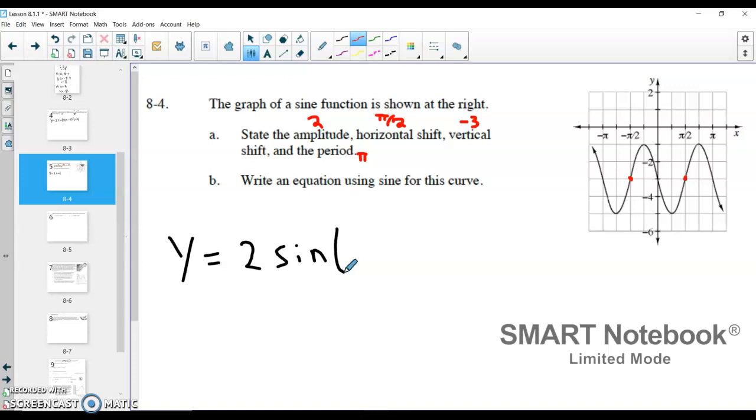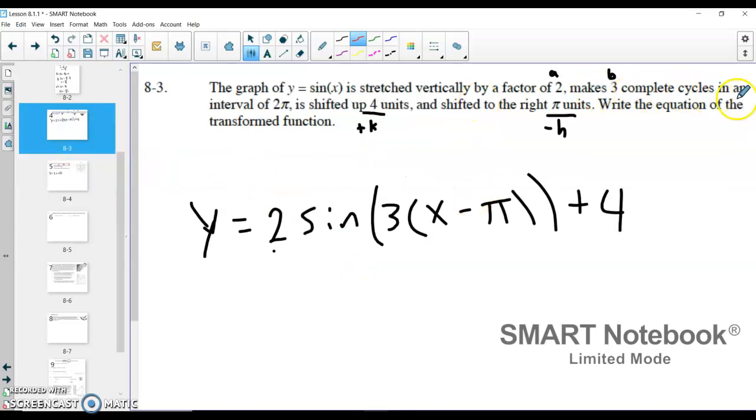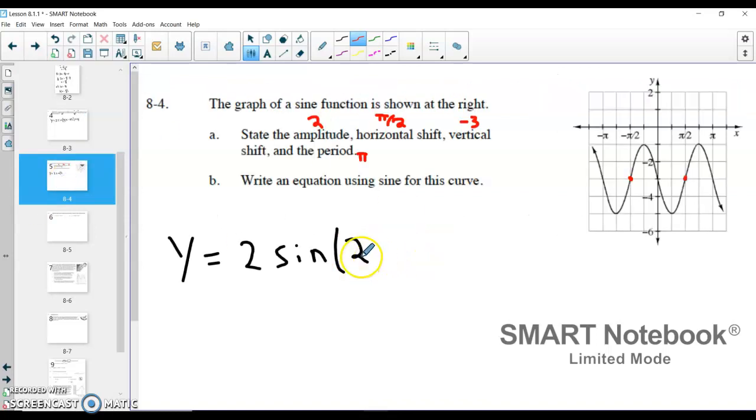And since 2 complete cycles happen in 2 pi, that b value is 2. Same kind of thing as what they were saying here. They said 3 complete cycles would happen in 2 pi, so that's why this number was 3. 2 complete cycles are going to happen, so that's why that one's 2.